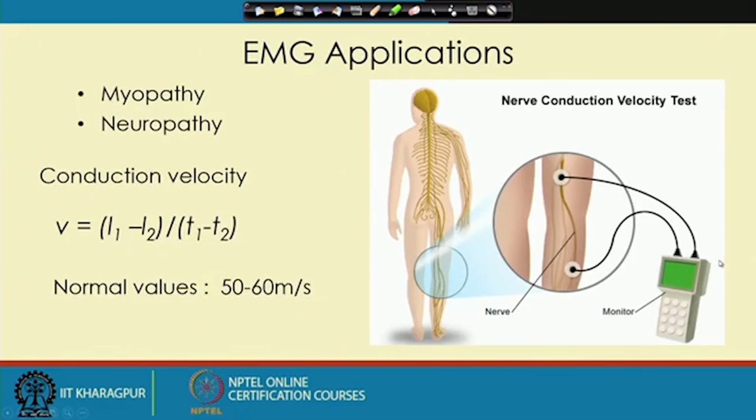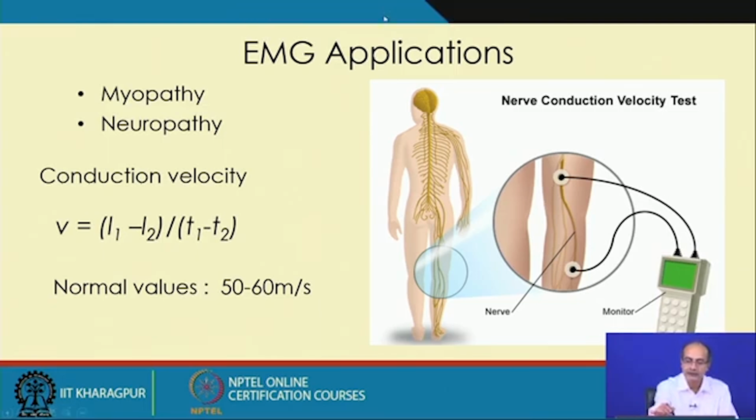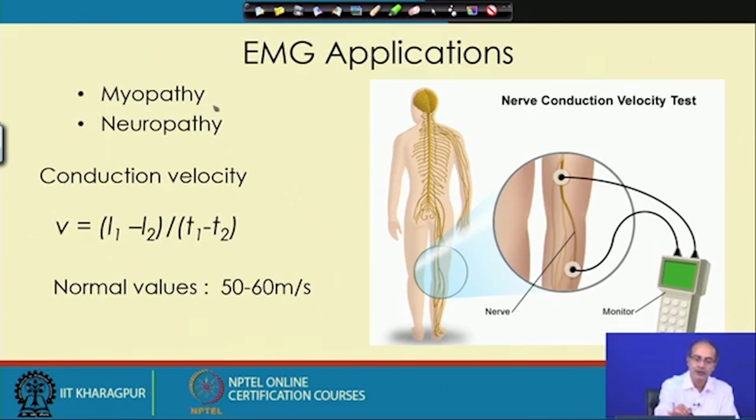Now, let us look at some applications of this EMG. When a person finds that the muscles are not working, actually two things can happen. One, there could be a disease of the muscle. That is called myopathy, where the muscles or the muscle fibers are getting degenerated.